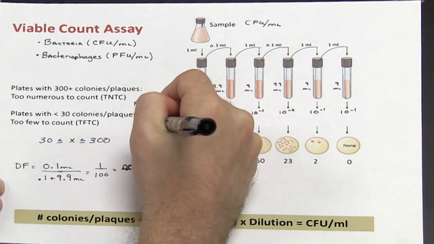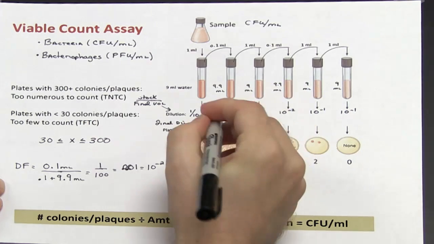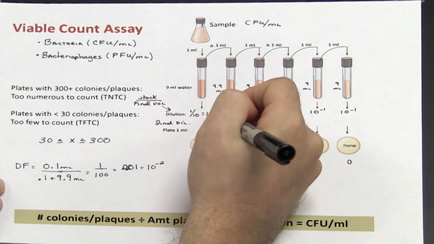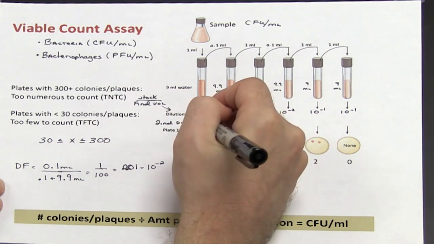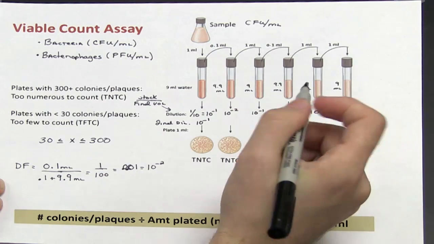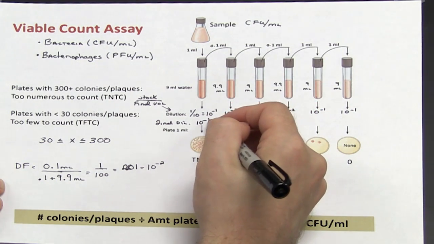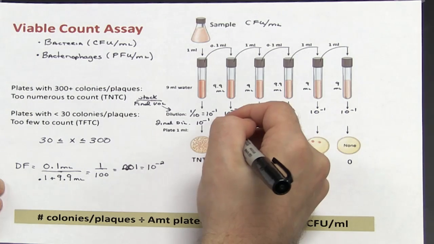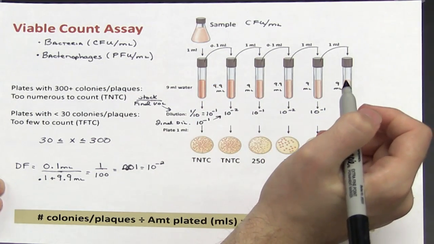Now to figure out what the final dilution is, we take our first test tube, and the dilution that you made is the final dilution. So in this case here, the final dilution is 10 to the minus 1. To figure out the final dilution of this test tube, remember we take the final dilution and we multiply it by the dilution that was made.